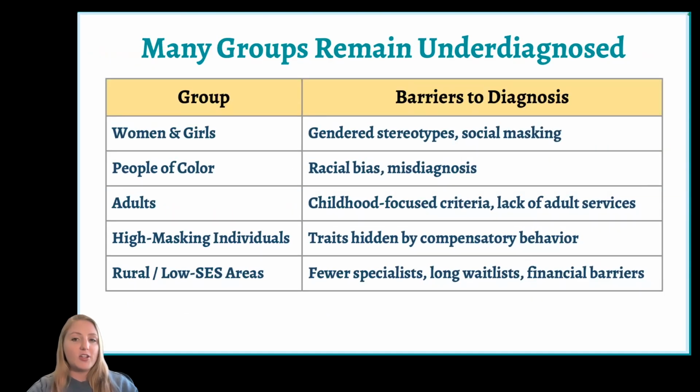However, despite this increase in awareness and recognition, there are still a number of groups that remain underdiagnosed for a variety of reasons. Take women and girls, for example. Autism is still more often recognized in boys, in part because of gendered stereotypes that historically defined the diagnostic criteria. Boys with special interests in things like trains or computers are more readily flagged as stereotypically autistic, while girls with special interests in things like fashion, makeup, or cooking may be dismissed as just being really into womanly hobbies.